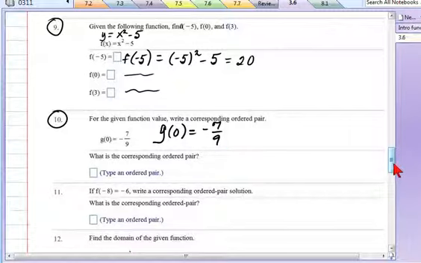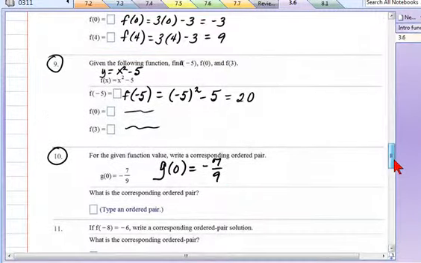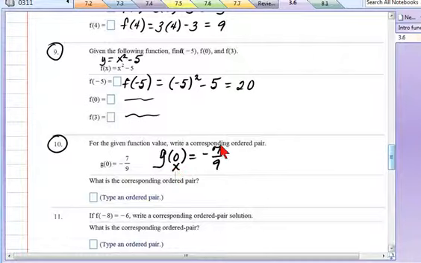No. Look back at one of these other problems. 0 is the x. What it's equal to is the y. This whole thing is y. So in this notation, the number in here is the x, and what it's equal to is the y.